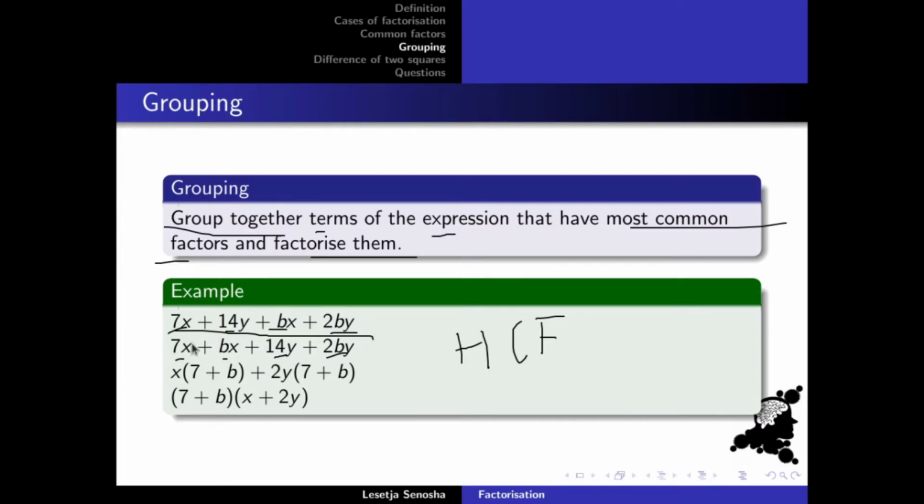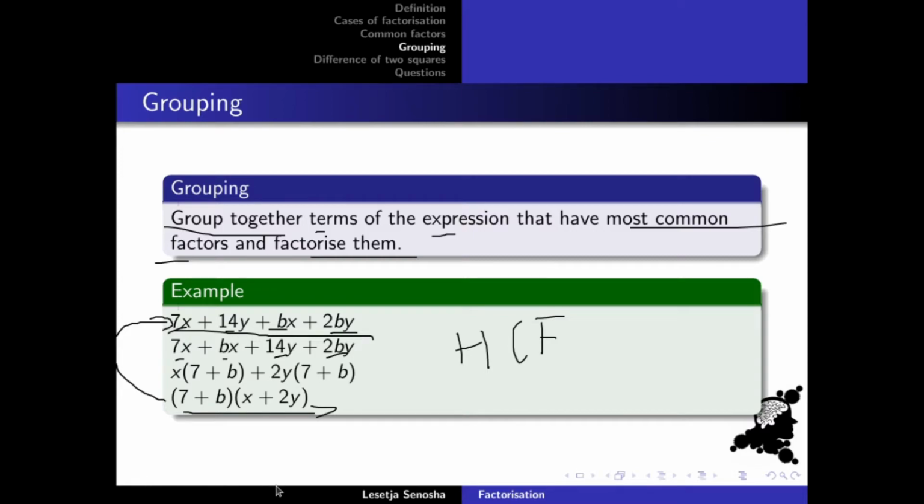As you can see, the highest common factor of the first group is x, and of the second group the highest common factor is 2y. Then we started factoring them out. After doing that, we found out that they both have something in common: they both have 7 plus b. Then we factored the 7 plus b out, and we are left with this last expression over here. So this expression is the same as the one we started with, right? So this is grouping.